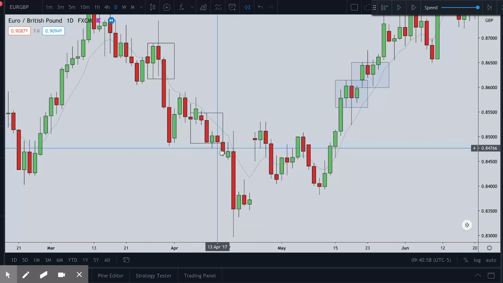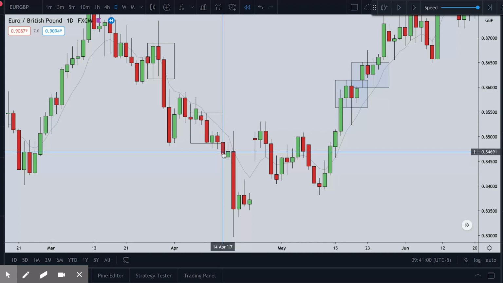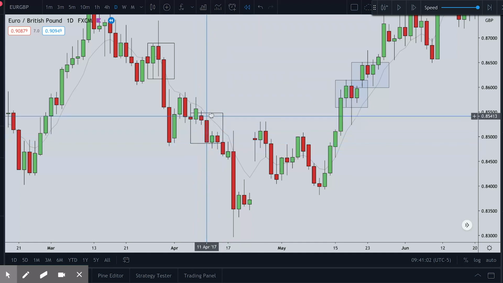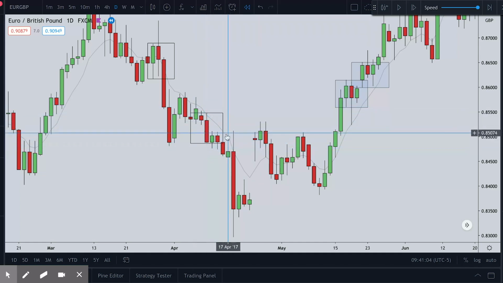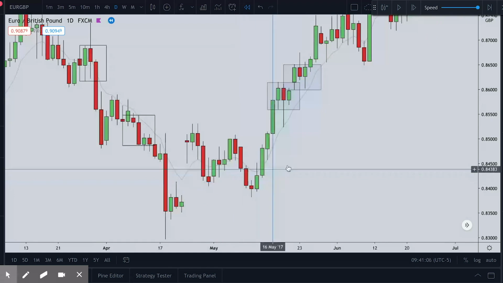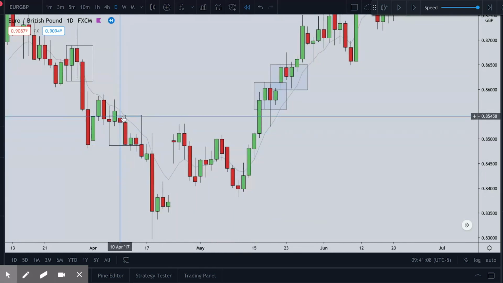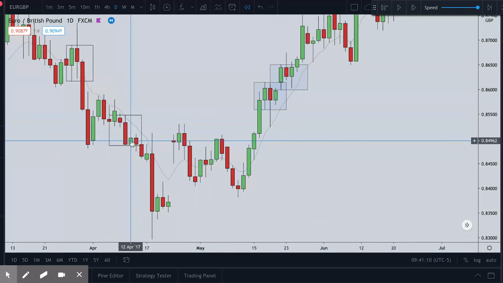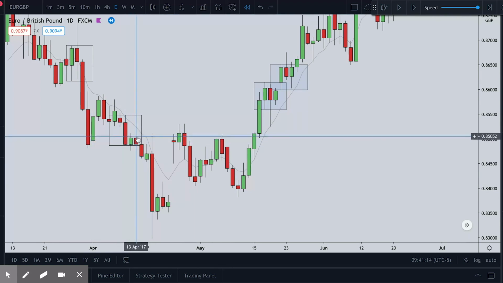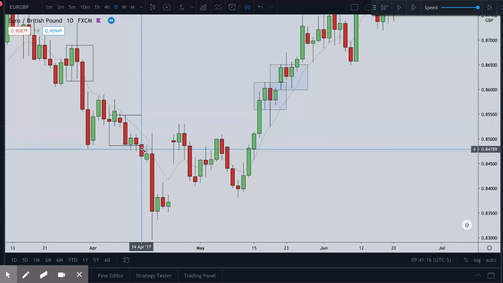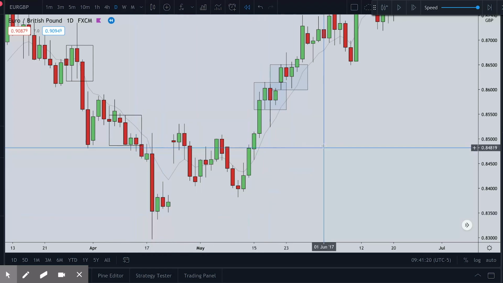Yep, they wicked out, but no closures. But then when we see a closure beneath the low of that day, the inside bar candle day, that provides our selling opportunity. So it's wick to wick for the inside bar, and then just candle bodies is what we need to focus on for the actual interior candles. And it's a candle body closure that we need to use as our trigger for our trade.